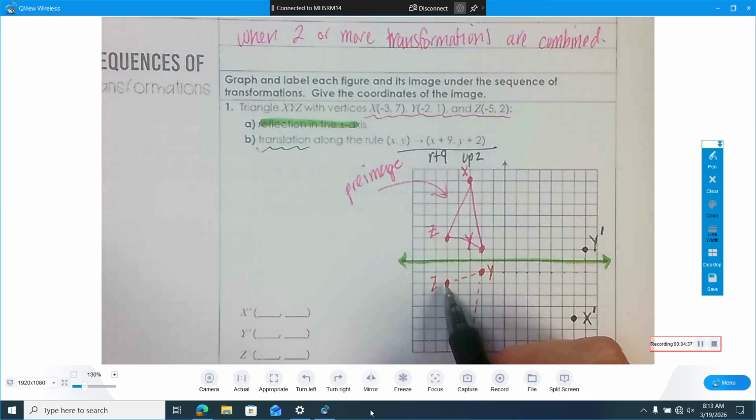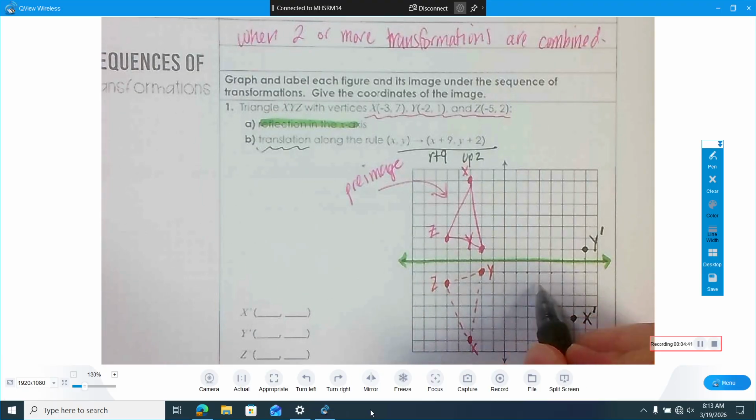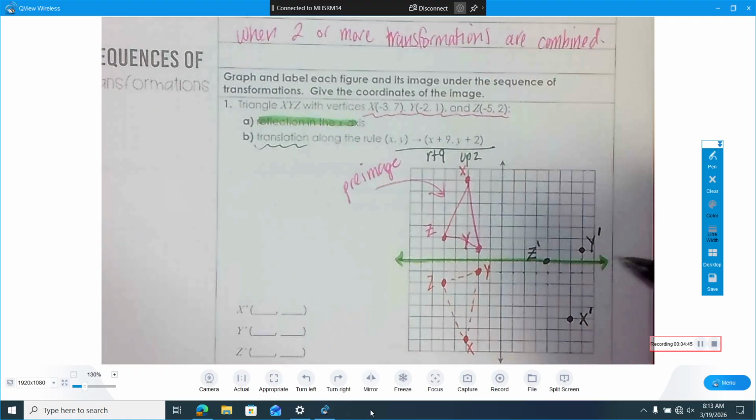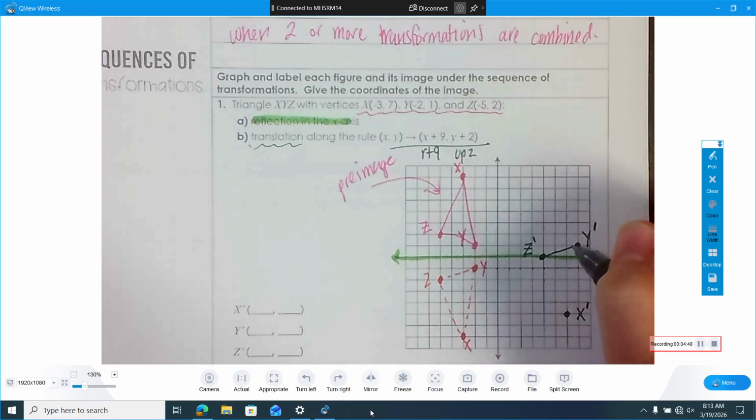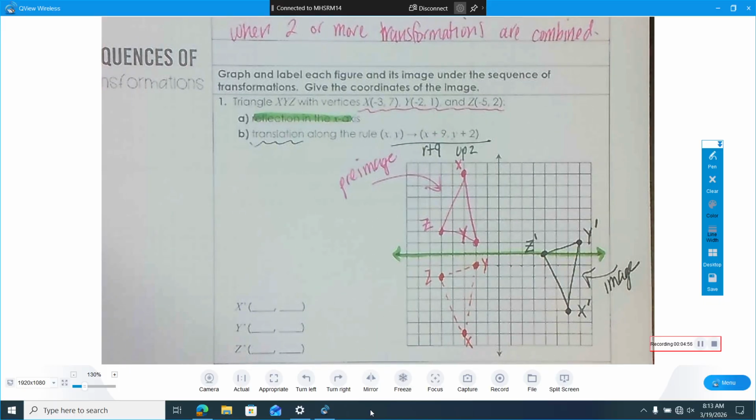And my z is going to go to the right 9 and up 2. And so here is z prime. And this is our image, our final image. Right there, it's called the image. And those are the points that get the little prime markings.